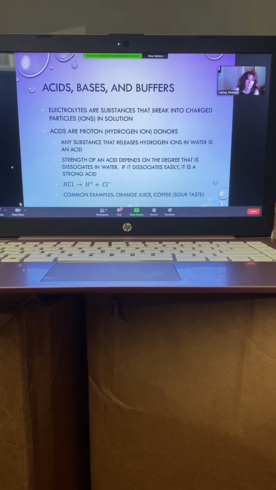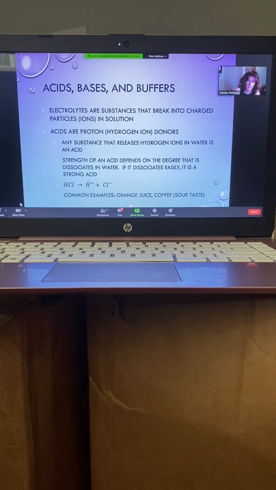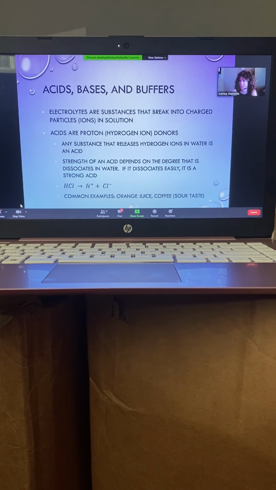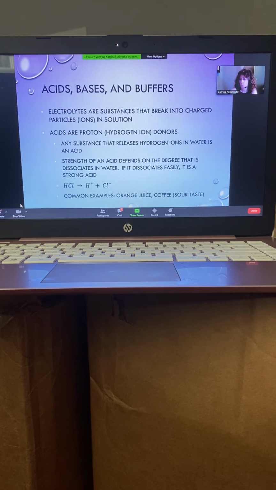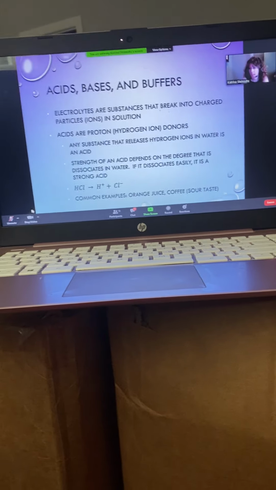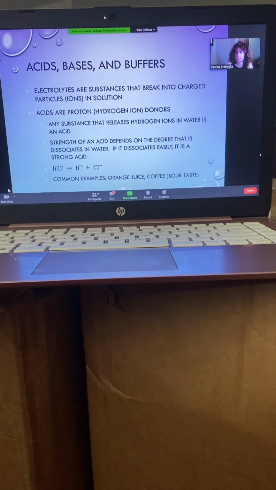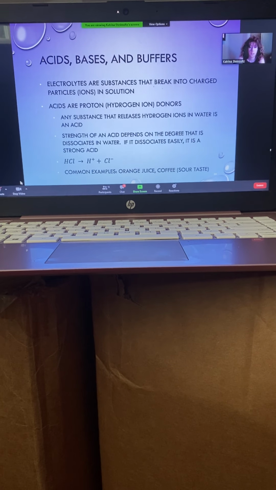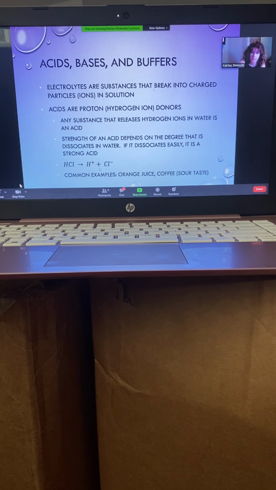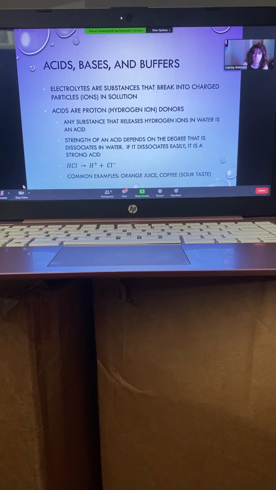So this H plus is a hydrogen ion, and it essentially is a hydrogen atom without its electron. So all we've got here is a proton, and no electron. And the chlorine has got the electron.